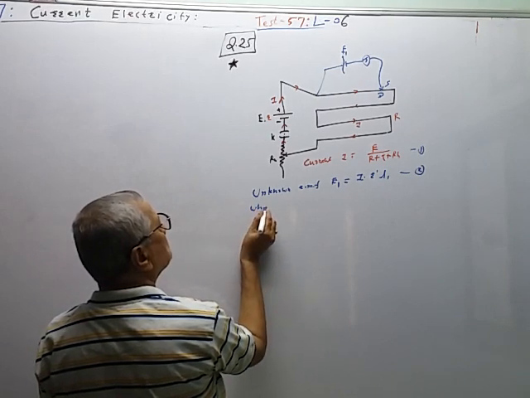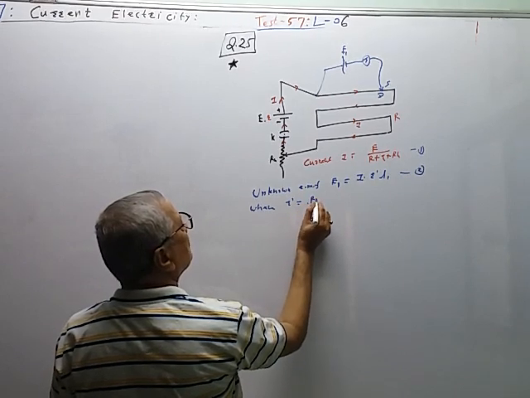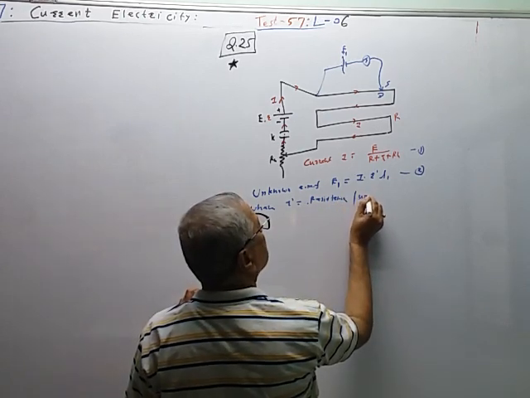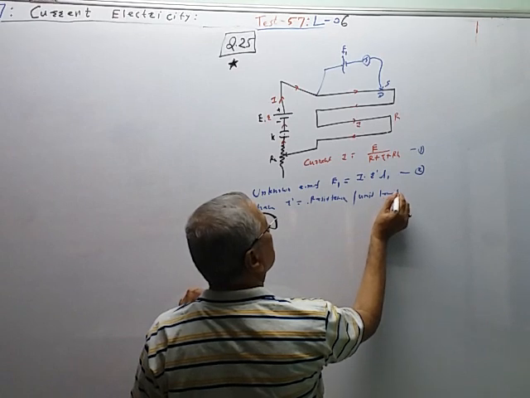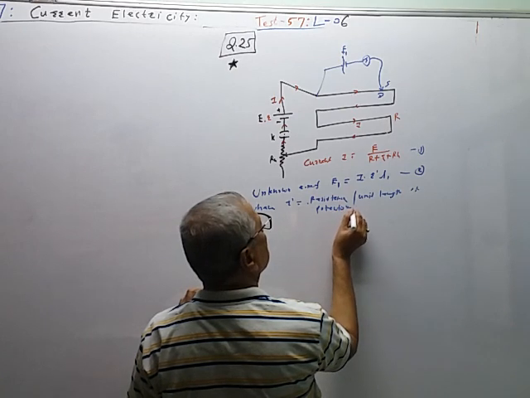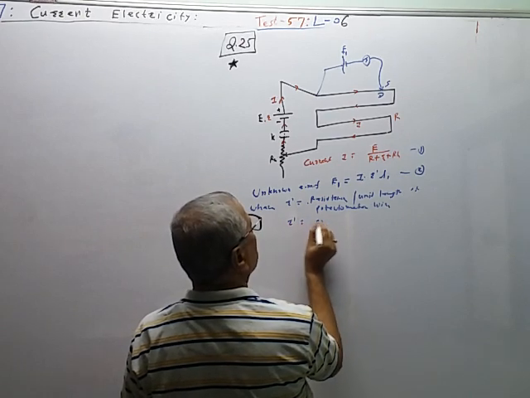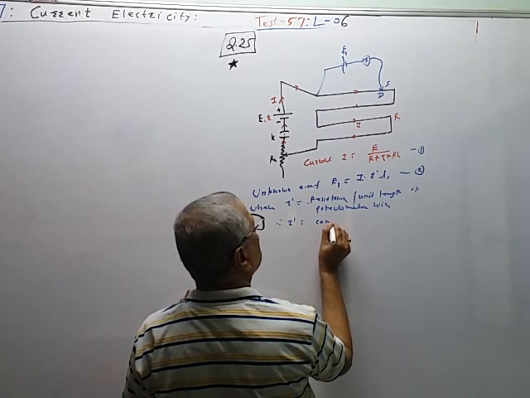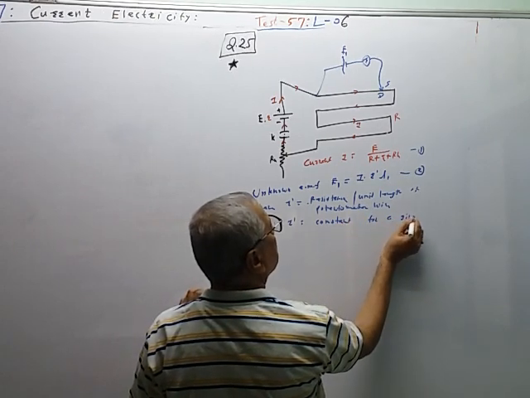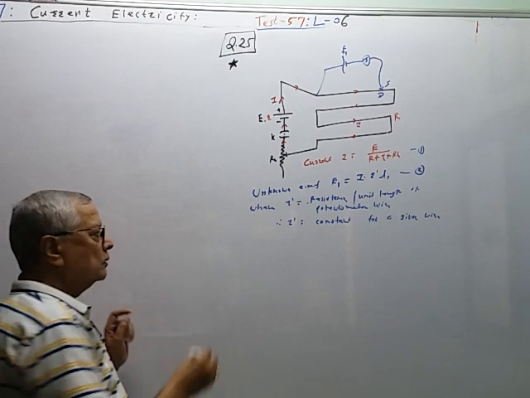Where R dash is equal to the resistance per unit length of the potentiometer wire. R dash is a constant for a given wire.